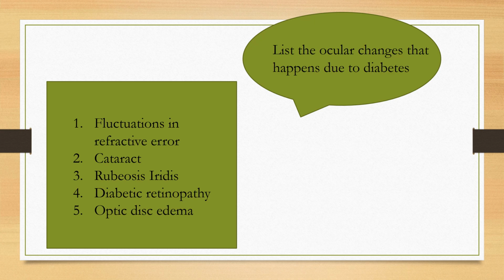That's why, whenever there is an increased blood glucose value, we don't refract a patient or prescribe glasses. The second point is that the patient might develop cataract and there might be rubeosis, which is neovascularization in the iris. Then there is diabetic retinopathy, and optic disc edema.